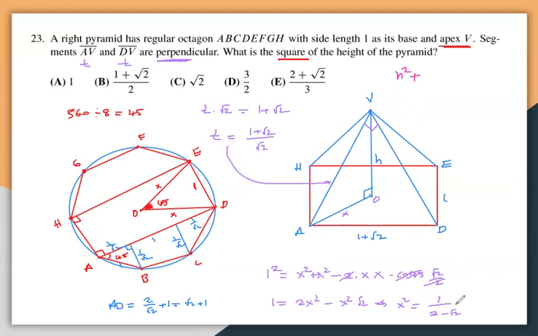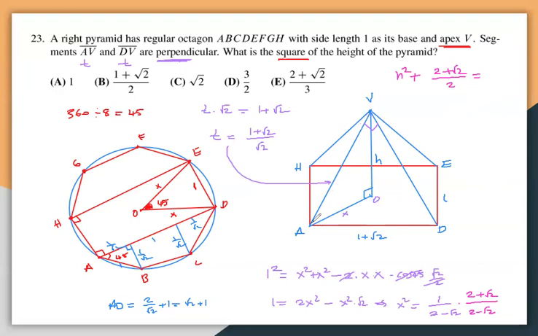I can even multiply this by 2 plus root 2 over 2 plus root 2 to make the denominator rational. The numerator would be just 2 plus root 2, over 4 minus 2, which is 2. That is better now.